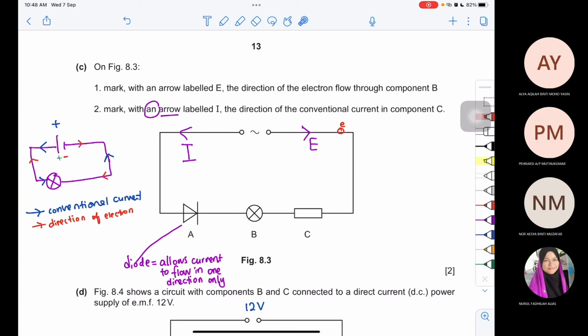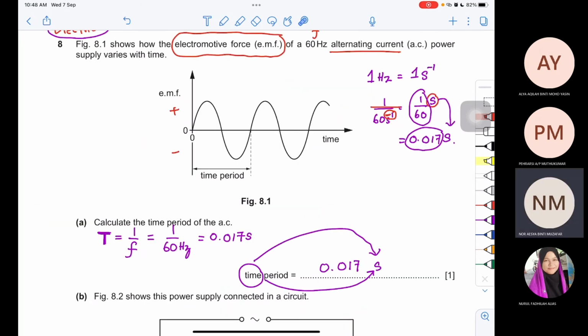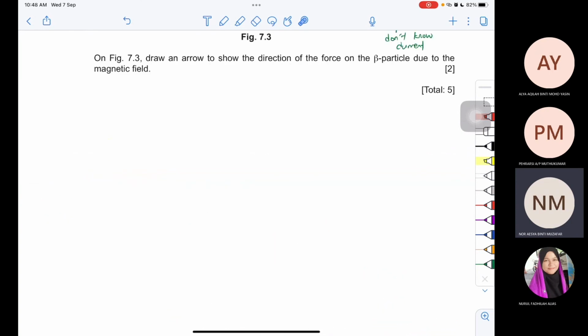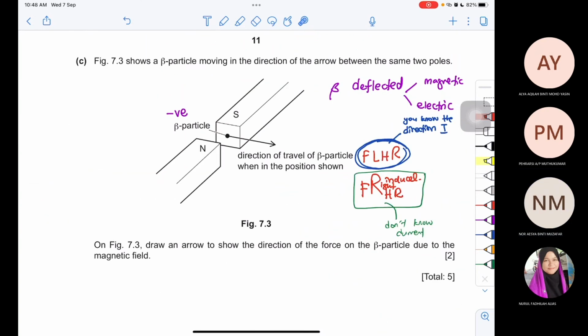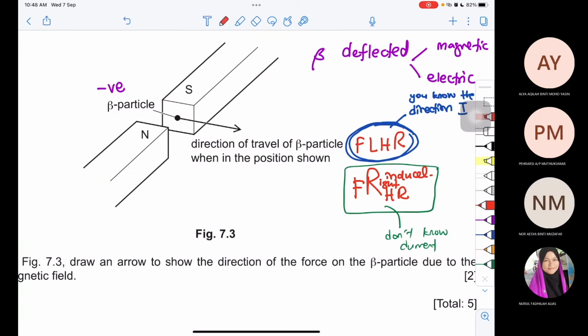So back to the question. Cikgu, beta particles ni. Yes, beta particles is an electron. Okay, so you need to know beta particles punya ciri-ciri. Soalan ni dia expect you to know. So first you know it's the characteristic is negative, and that is actually an electron. Jadi dekat sini direction this way. Tapi electron ni dia opposite to the current, betul tak? Betul.